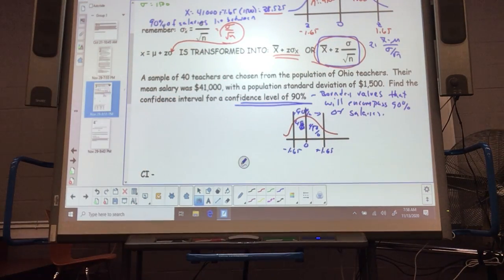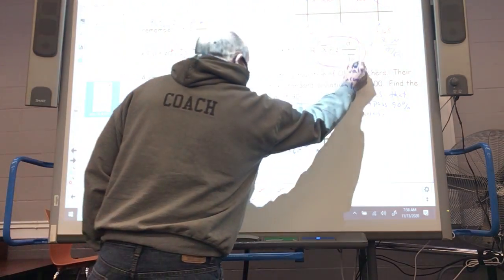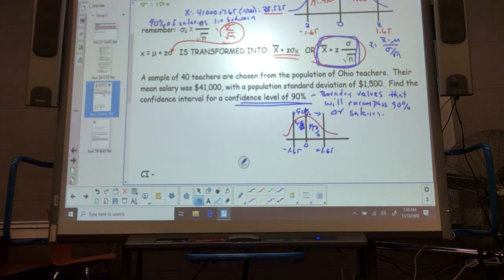The bell-shaped curve looks exactly the same. The z-scores are going to be exactly the same. What will change is how we calculate these boundary values.